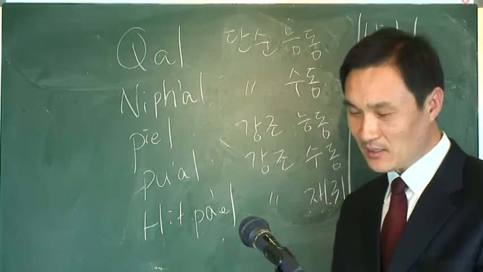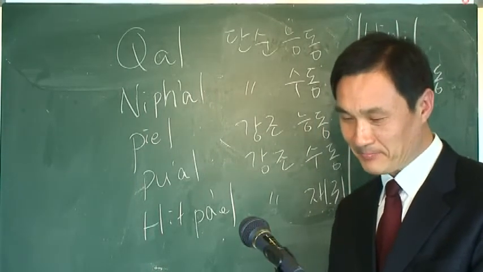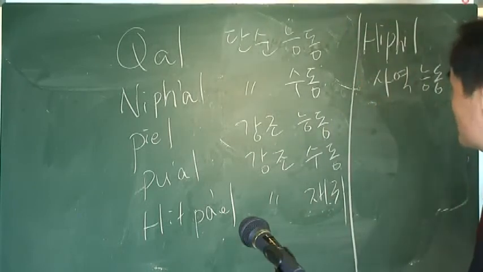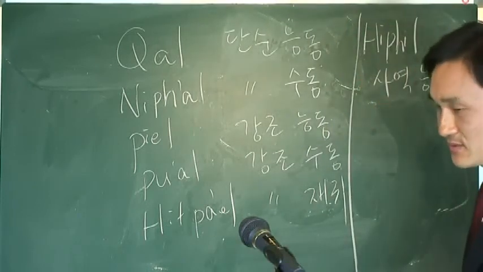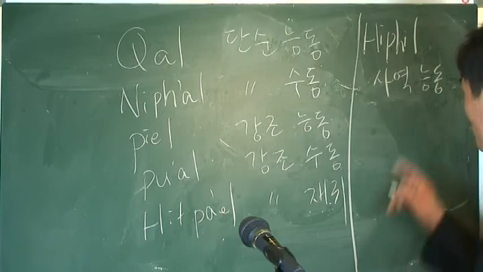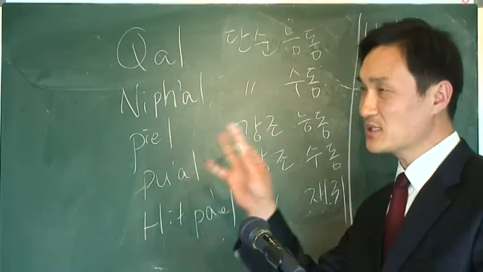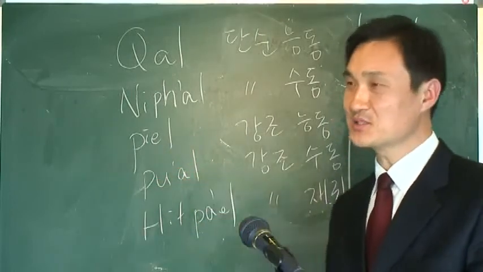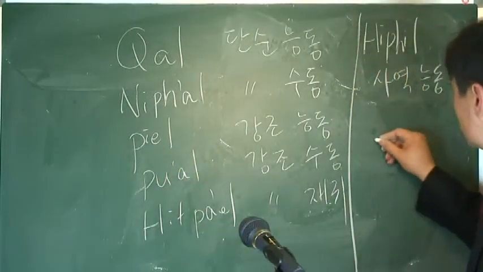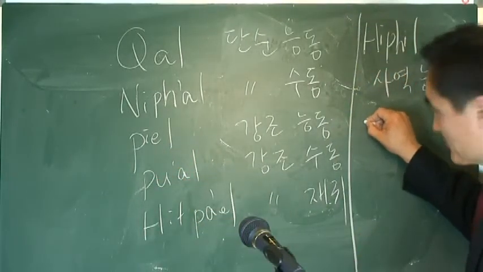This does not refer to oneself, but refers to an action that impacts others. Thus, the verb malak would mean that he made someone rule.